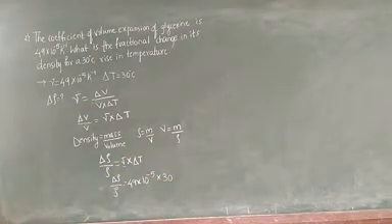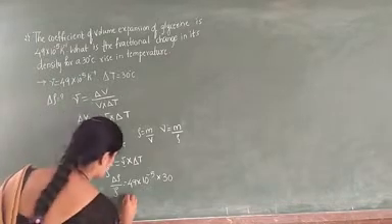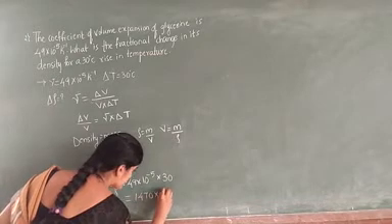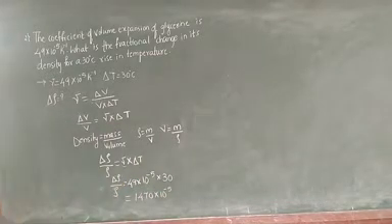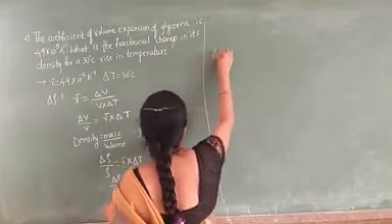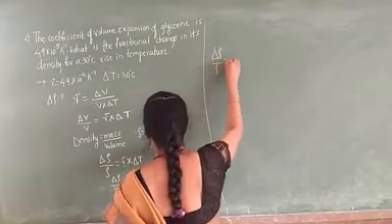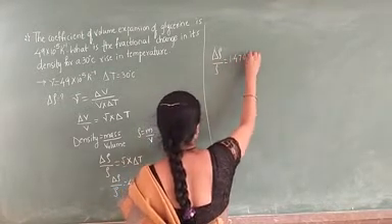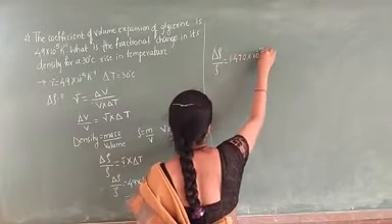Now the calculation part of the delta rho by rho, we are getting the answer as 1470 into 10⁻⁵, or this can be also written as the change in the density by its density is equal to 1.47 into 10⁻².